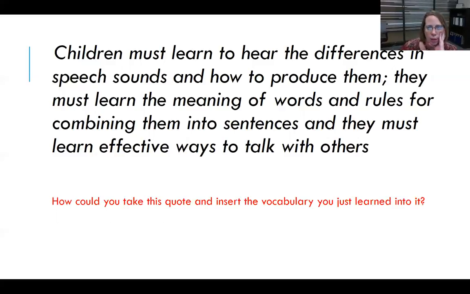So how do I build from the grammar that's been presented to me, or the words that have been presented to me, and actually build my understanding? So that's what this quote is about in terms of what I'm giving you. So take the quote and try to apply the terms that we have learned in these first few slides to it.